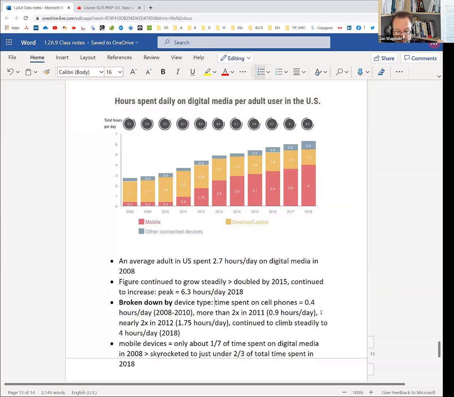It nearly doubled again in 2012 to 1.7 hours per day and continued to climb steadily to 4 hours per day in 2018. Okay, one more time.